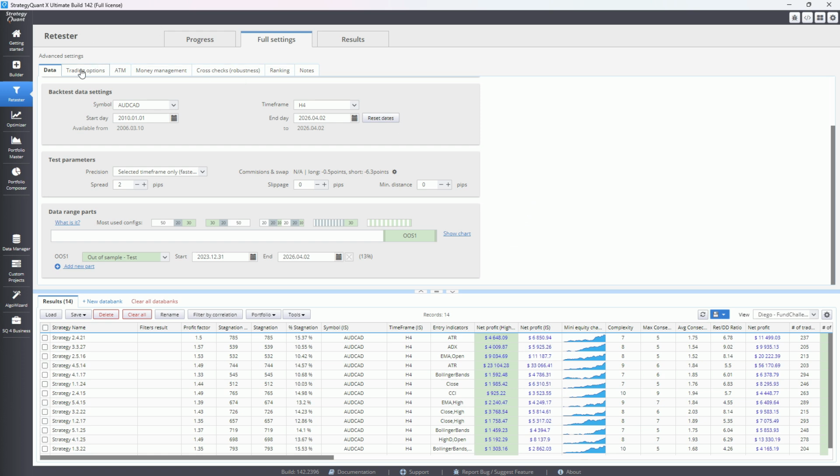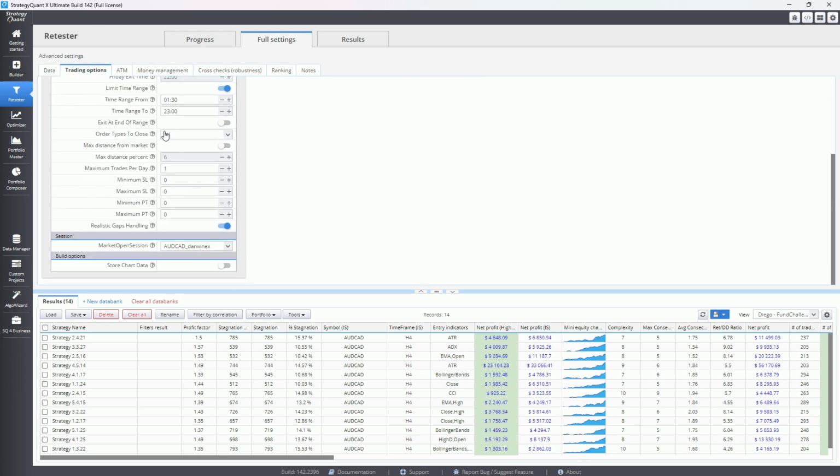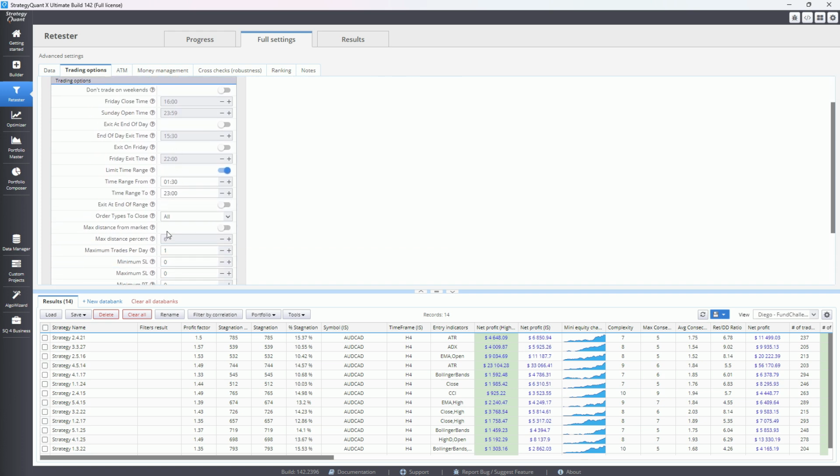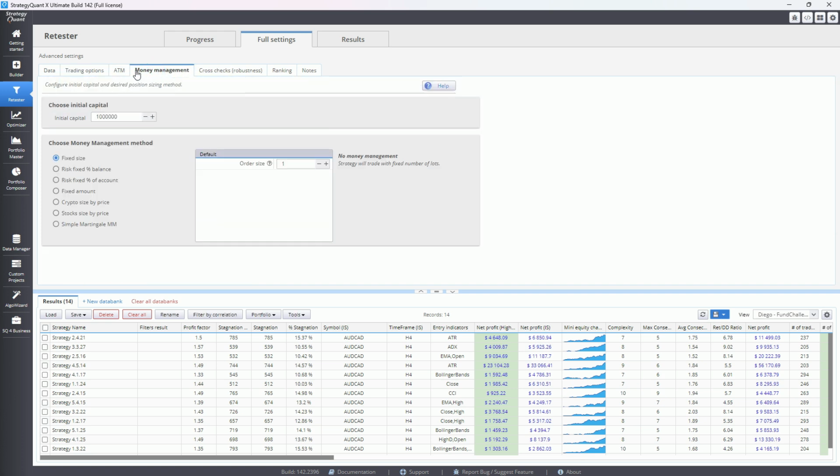Okay, and in trading options, we use the same. In ATM, this is something we don't use. In money management, we are going to put an account of 5,000. This time we are going to test fixed size 0.2, let's say.